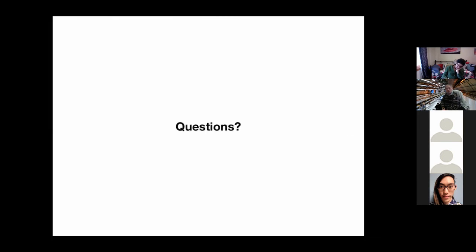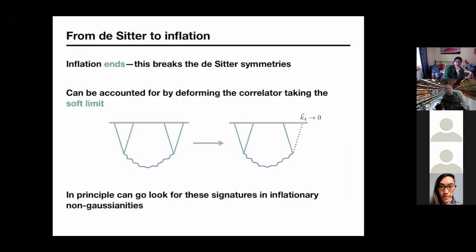So maybe here is a reasonable place to stop. Maybe just as a summary, let me say that what I've been trying to emphasize to you is that taking a boundary-centric philosophy on inflationary correlation functions can be useful, and that from this perspective, an important role is played by the singularities of boundary correlation functions, and that getting a handle on these singularities gives us a first foothold in order to figure out how to extend away from these singularities, which can be done in more than one way.